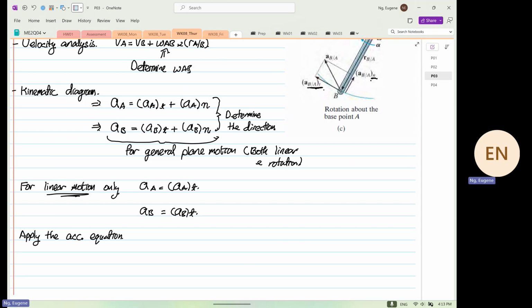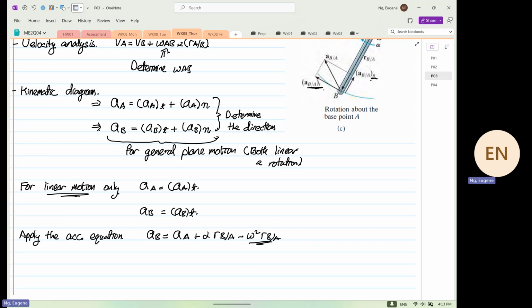which defines, okay, A of point B is equal to A of point A plus alpha cross RB/A minus omega squared RB/A. Now over here it's not a cross, it's just a simple multiplication.